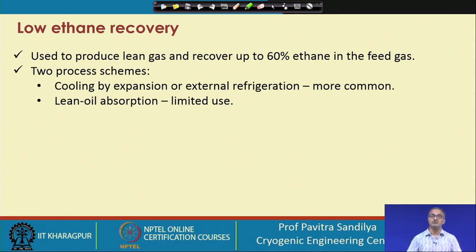So, that is how we are producing lean gas and recovering up to about 60% of the ethane. And in this we generally use two types of processes. One is refrigeration, which can be external refrigeration or expansion, which is more common, and less common, but historically used more, is the use of lean oil absorption.